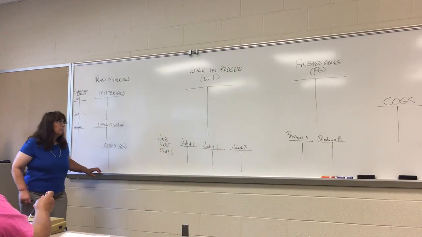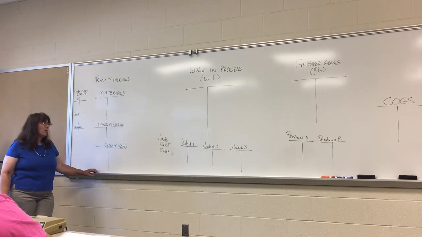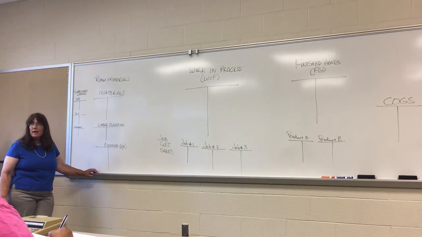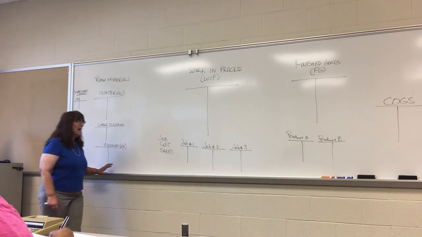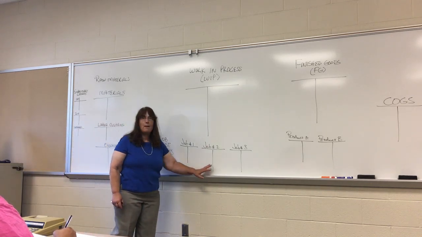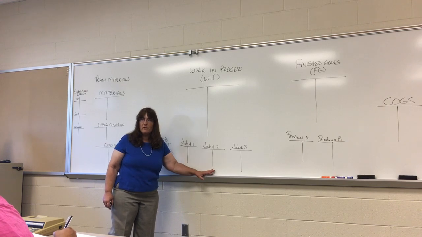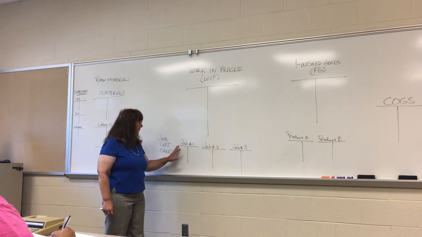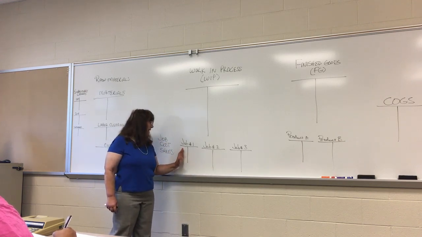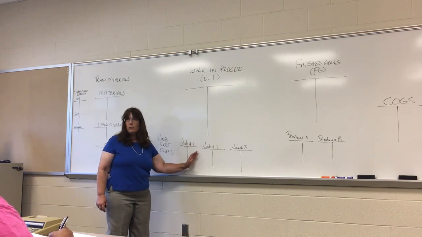Now, there were some Cengage problems, I believe, where you had to fill out a job cost sheet. Okay? Now, I have the job cost sheet represented as T accounts here. So that's just the total of what's coming in, and when it's completed, it goes out.